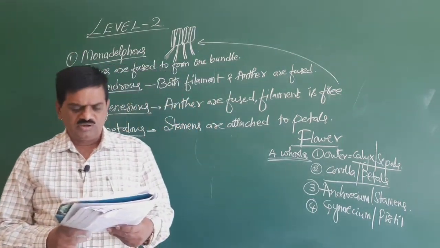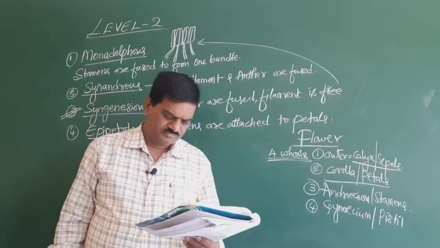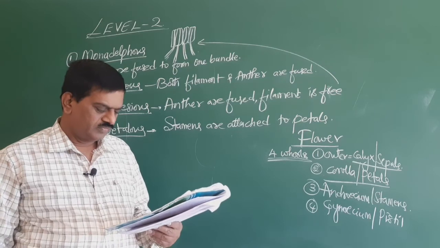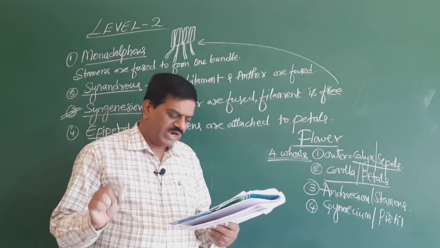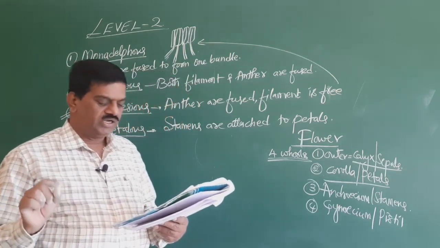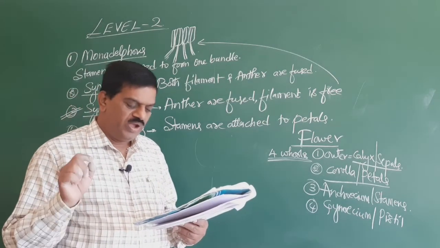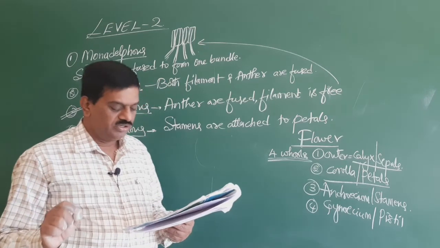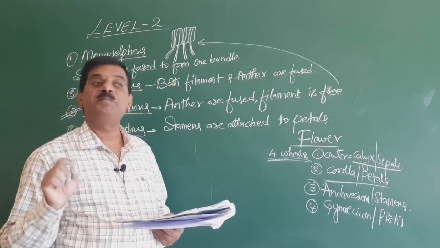So we go for the next question, the 24th question. The shape and color of the corolla varies greatly in plants, which may be. Here corolla is nothing but petals.